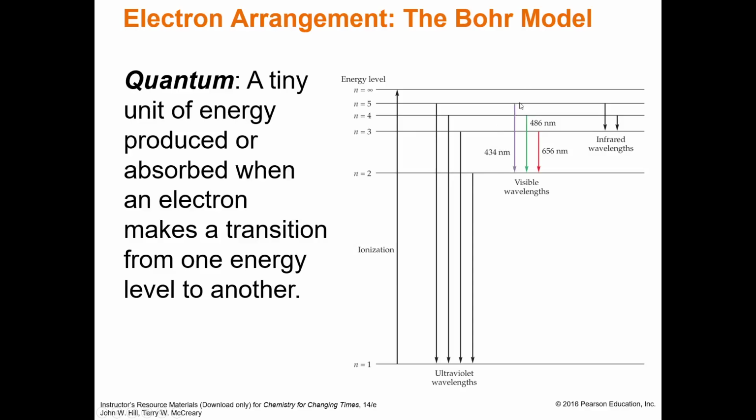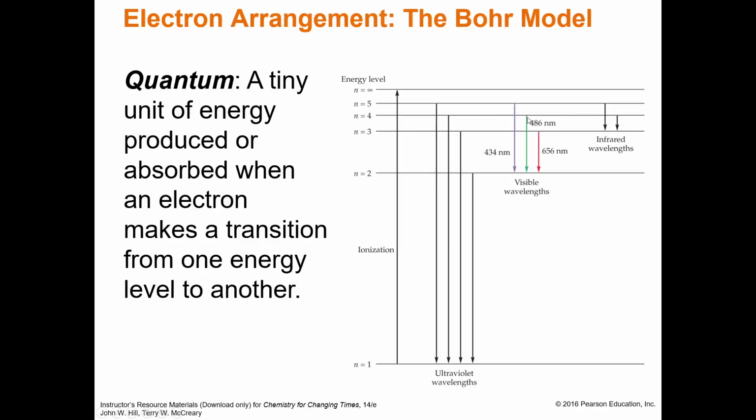So for example, right here we have violet. Violet is a higher energy form of visible light. And so the violet light is given off when we have an electron that falls down from our fifth to our second energy level, from our fifth floor to our second floor. That has quite a bit of energy, and so we get this fairly high energy visible light.